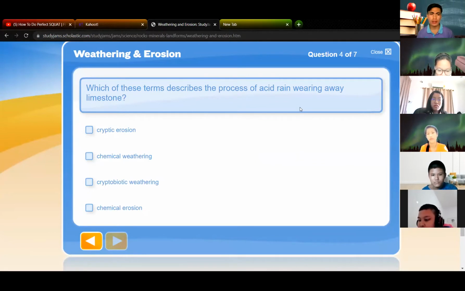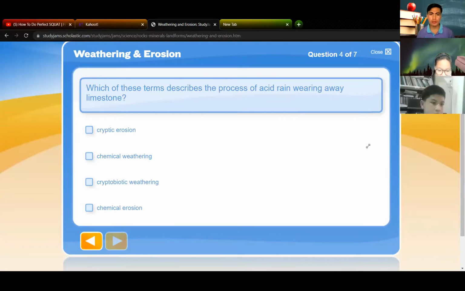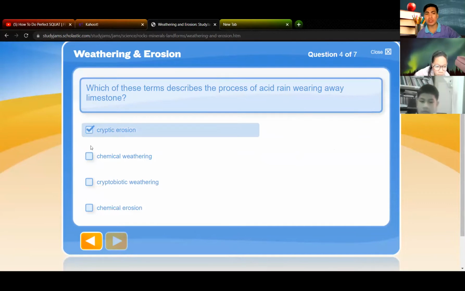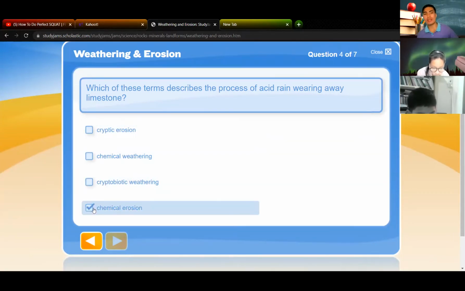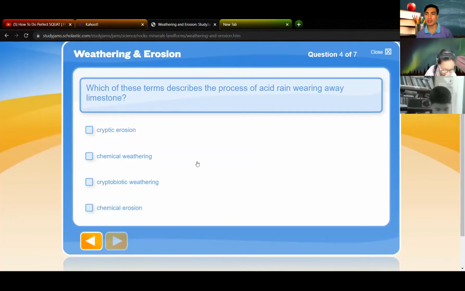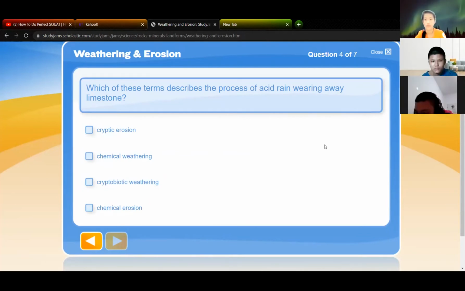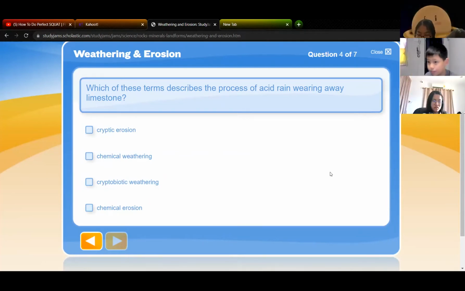Next question here. Which of the terms describes the process of acid rain wearing away limestone? Cryptic erosion, chemical weathering, cryptobiotic weathering, or chemical erosion? What's the answer? This one is simple. I shared it earlier.